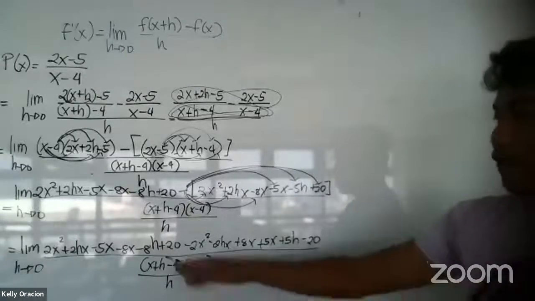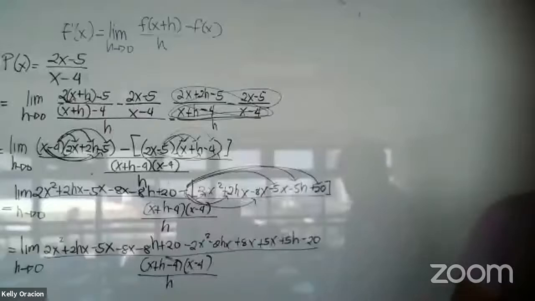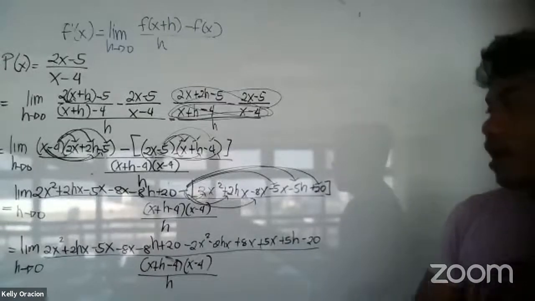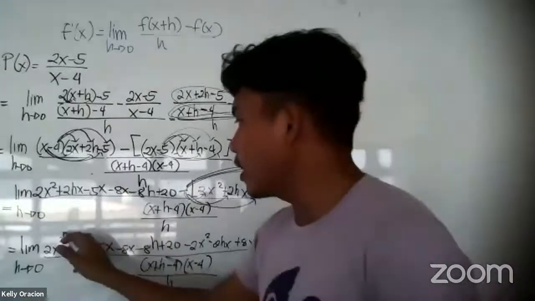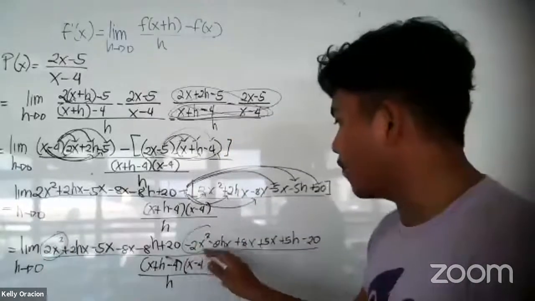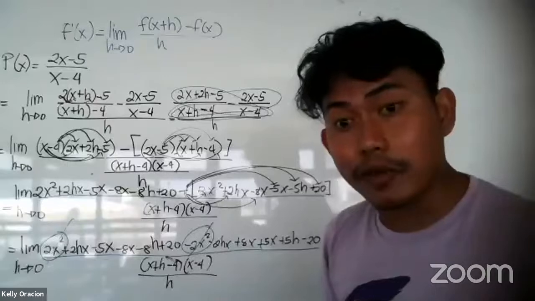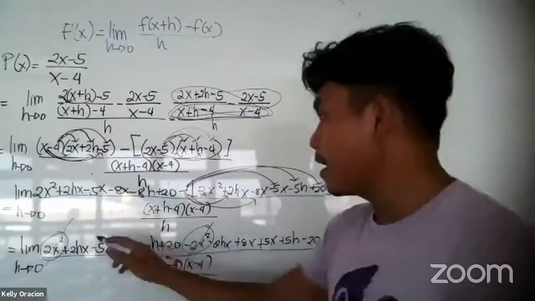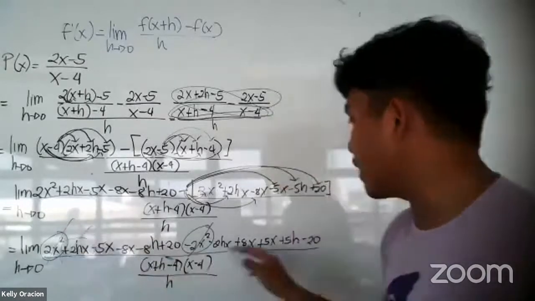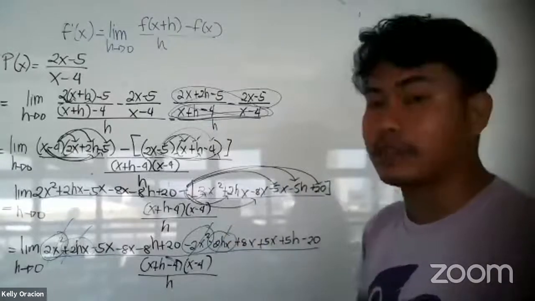Okay? So after this process, 2x squared and negative 2x squared cancel. 2x squared minus 2x squared is 0. Positive 2hx and negative 2hx cancel.